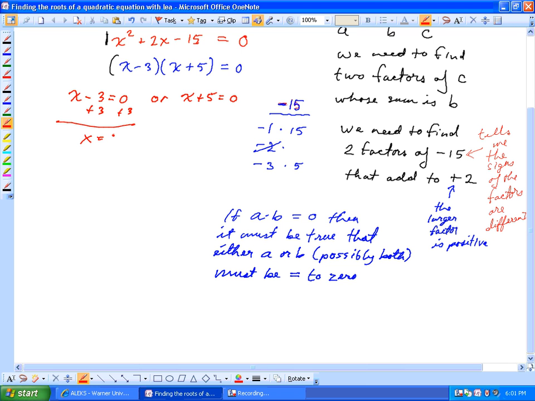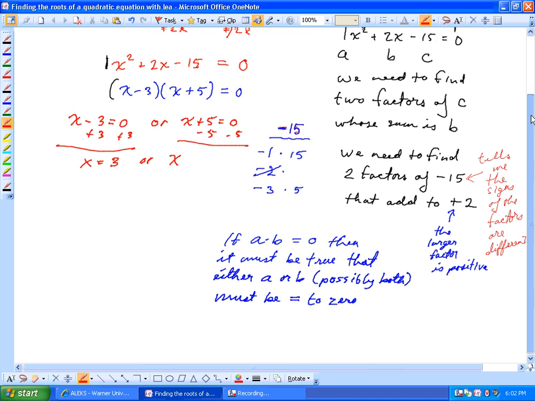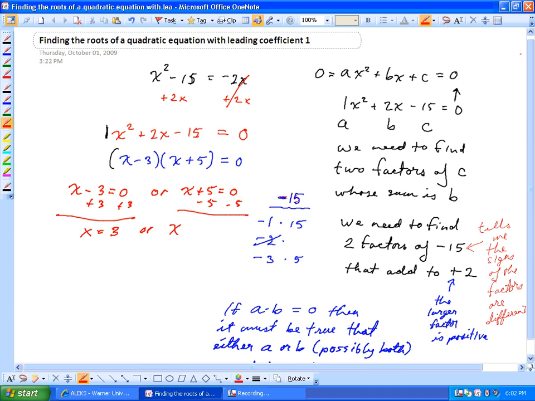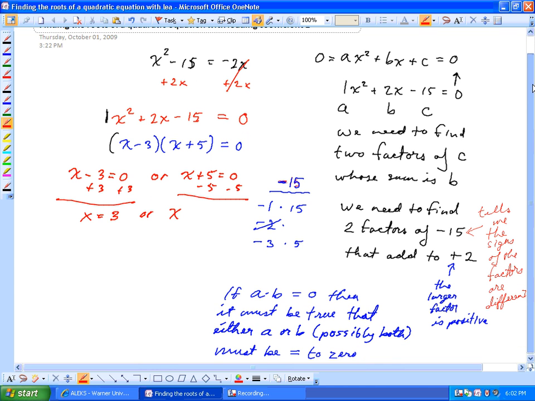It allows me to find the two values of x which would create a 0 in this product, which would actually be a solution to the original equation. So x equals 3 or x equals negative 5.